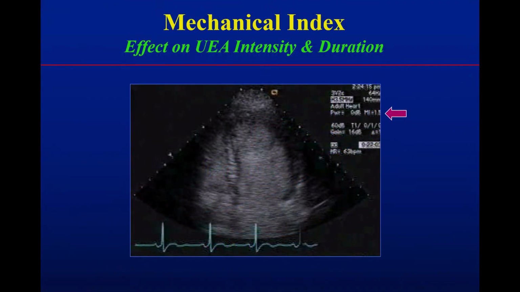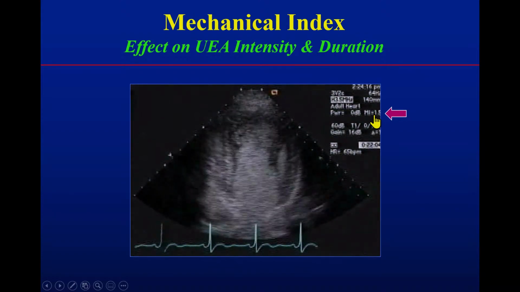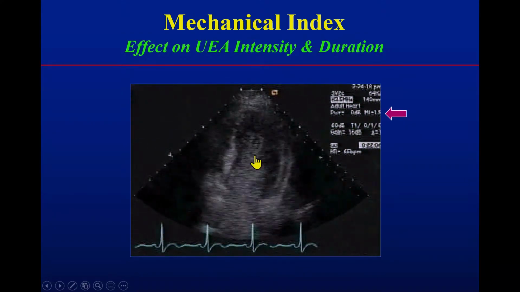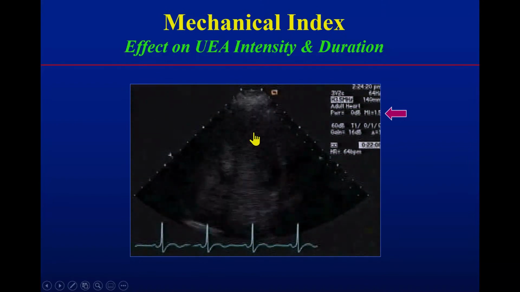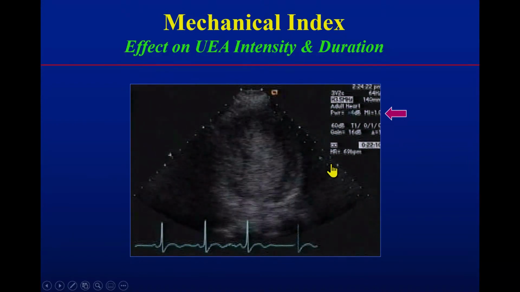Now, a few examples also. This is how a change in mechanical index can affect your image. I've put an arrow towards the mechanical index, and it is quite high here to start with at 1.5. Notice what happens when we start bringing down this mechanical index further and further. So it's high, and you could see a mixture of contrast and non-contrast images here, enhancement.